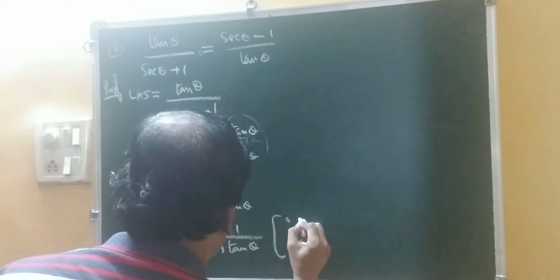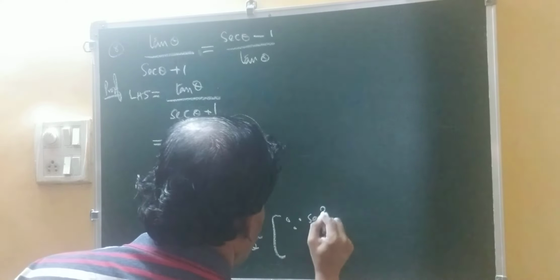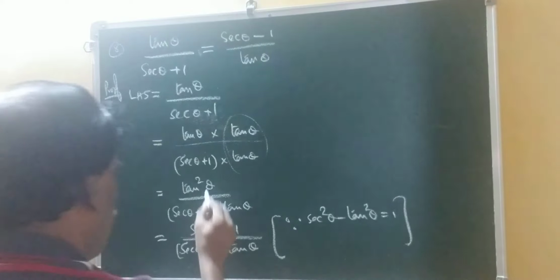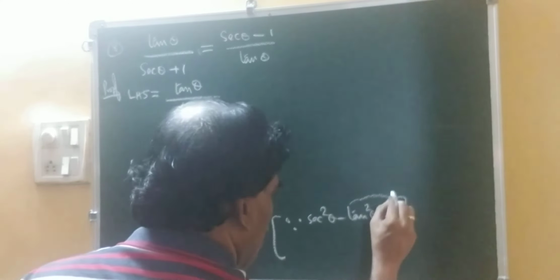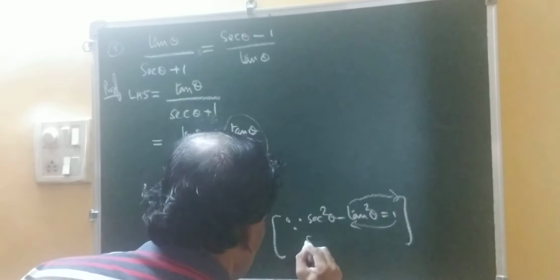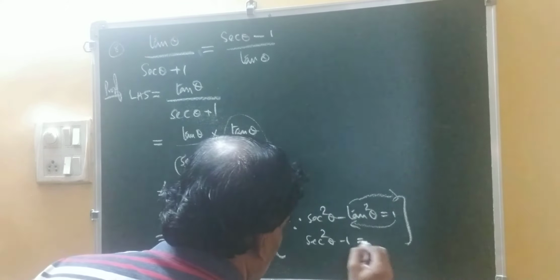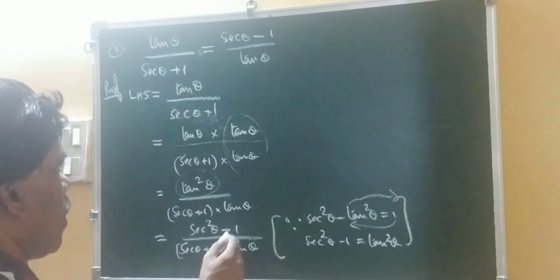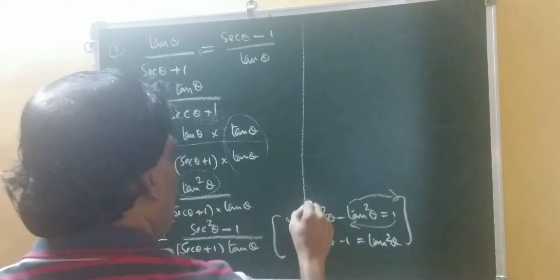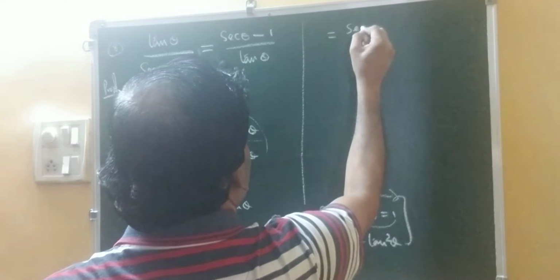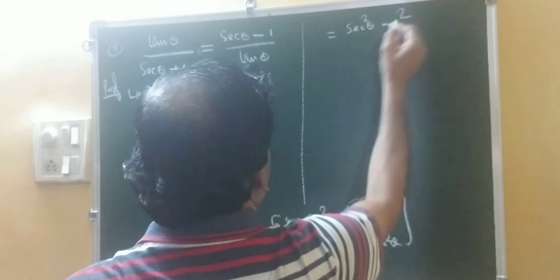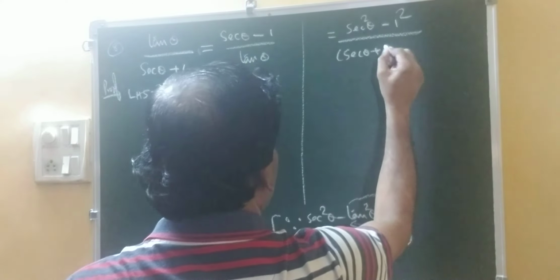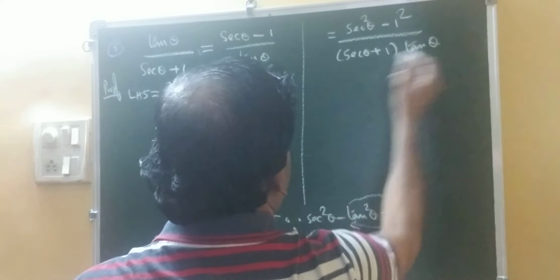See here, sec square theta minus tan square theta equal to 1. So sec square theta minus 1 equal to tan square theta. So what is sec square theta minus 1? I will write sec square theta minus 1 whole square upon sec theta plus 1 into tan theta.